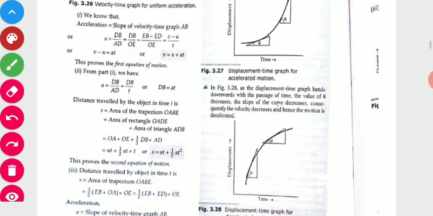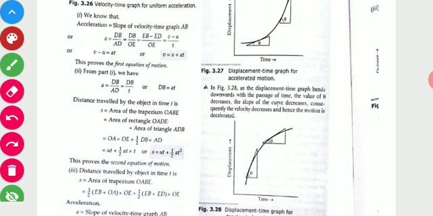Likewise, we know that the area gives us the distance. So distance S is equal to the area of the rectangle plus the area of the triangle. The area of the rectangle is OA into OE, and the area of the triangle is 1/2 dB into AD.